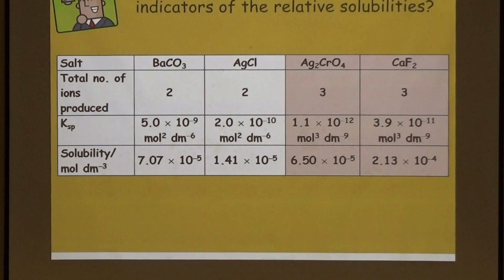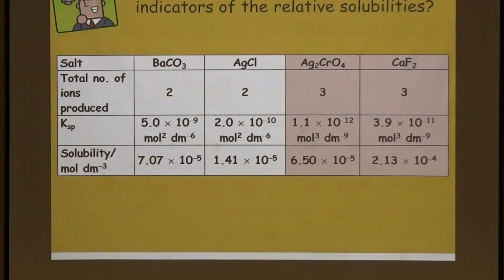However, the problem arises when the number of ions are different. You compare, for example, the barium carbonate and the silver chromate.